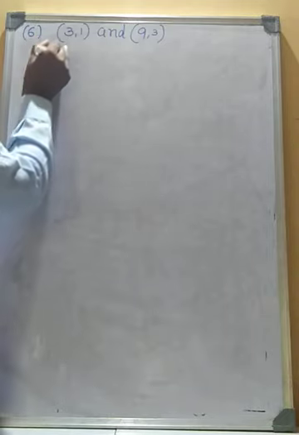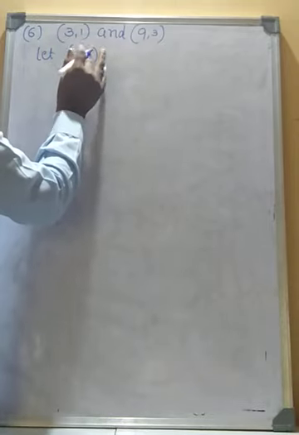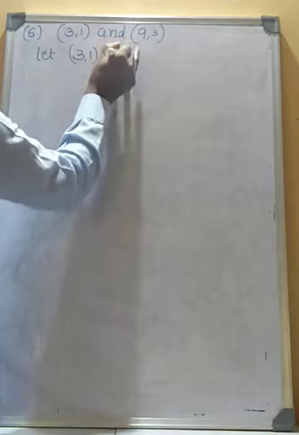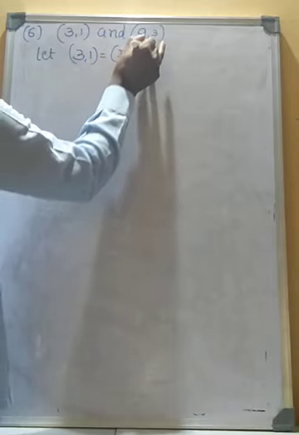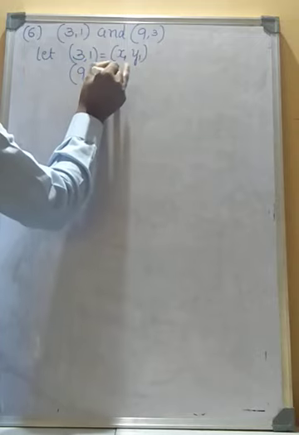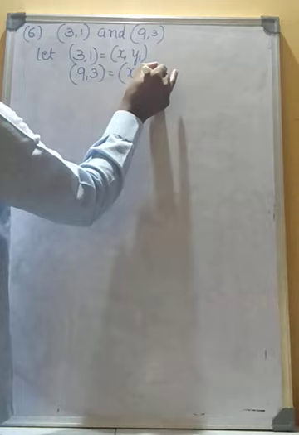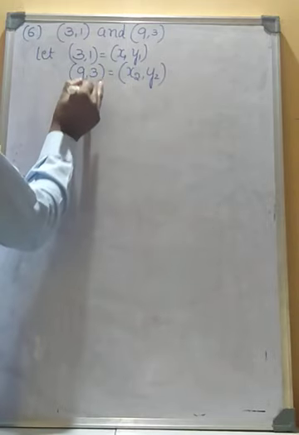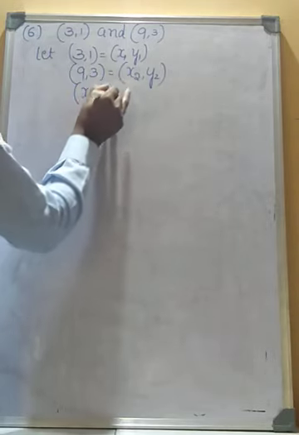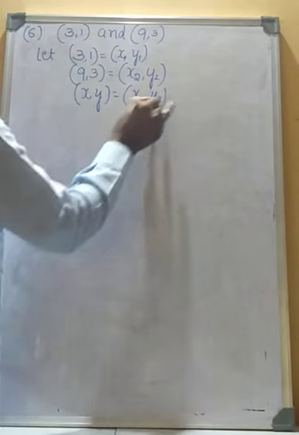Here let 3 comma 1 be x1 comma y1, 9 comma 3 be x2 comma y2, and x comma y be x3 comma y3.